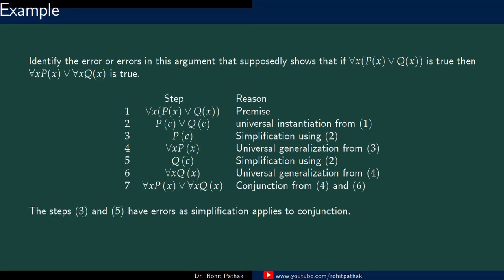So steps 3 and 5 have errors, as simplification applies to conjunction, and step 7 also has an error as it is not a conjunction, this is the disjunction. So this result, for all x Px or for all x Qx, does not follow from 4 and 6. These are the errors in this argument.